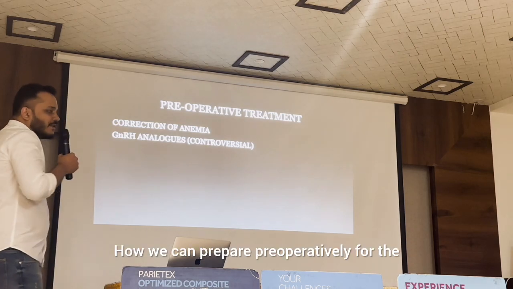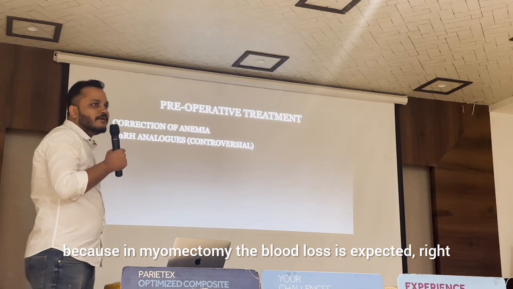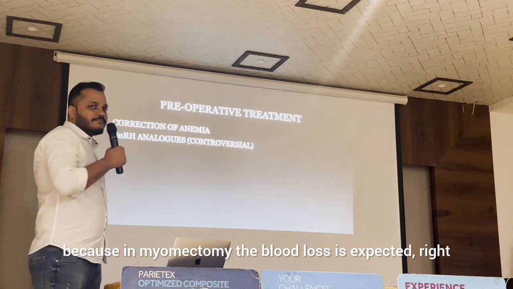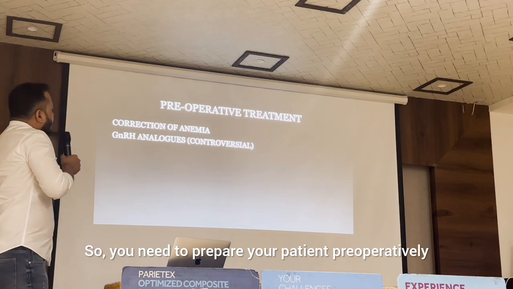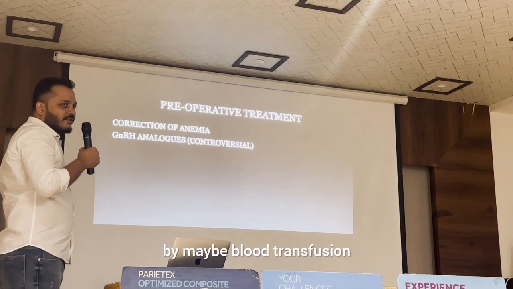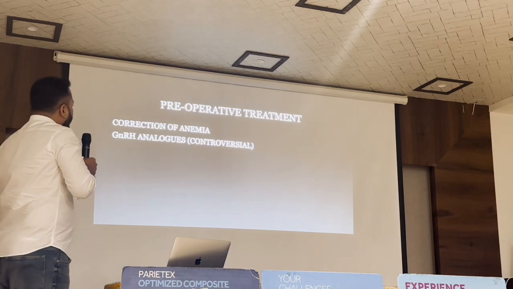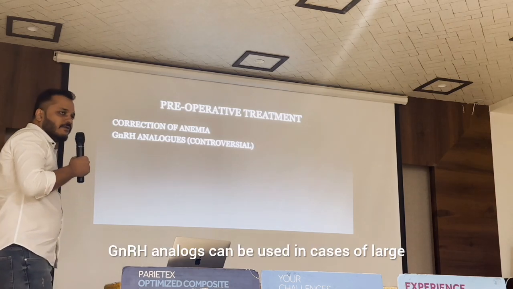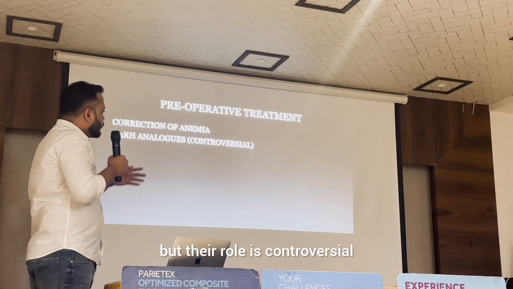Preoperatively, prepare the patient by correcting anemia, because in myomectomy blood loss is expected, by blood transfusion or whichever mode is possible. GnRH analogs can be used in cases of large fibroids to reduce the size, but their role is controversial.